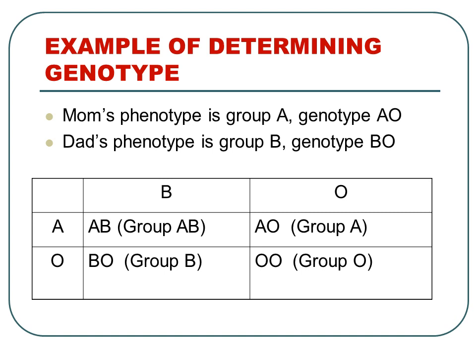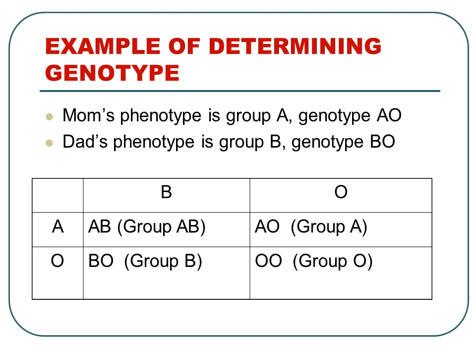Example of determining genotype. Mom's phenotype is group A, with genotype AO. And Dad's phenotype is group B, with genotype BO. On this table, if we cross the two genotypes, they give us a particular blood group.